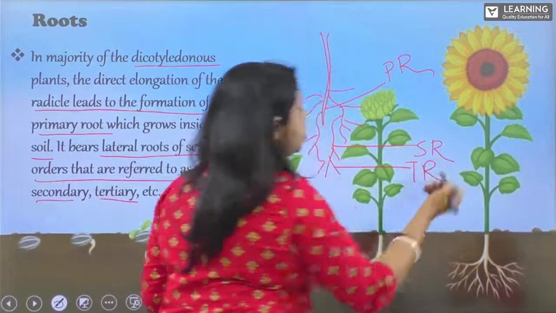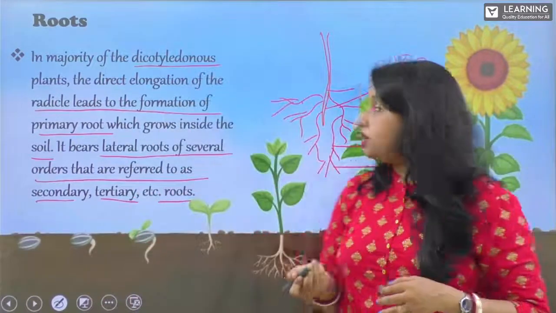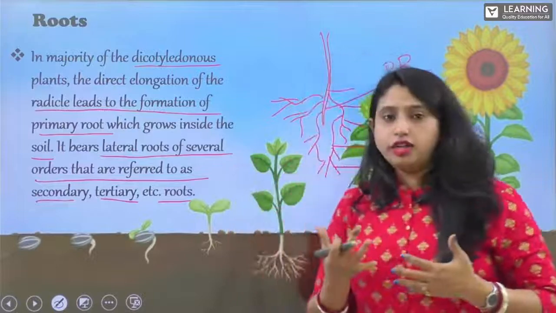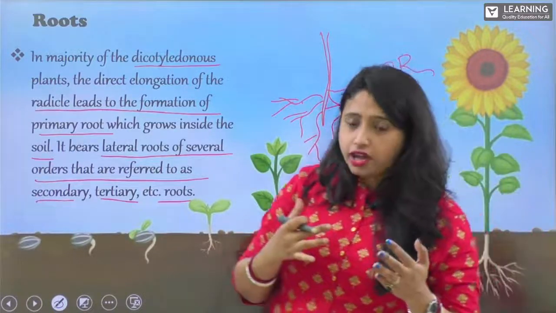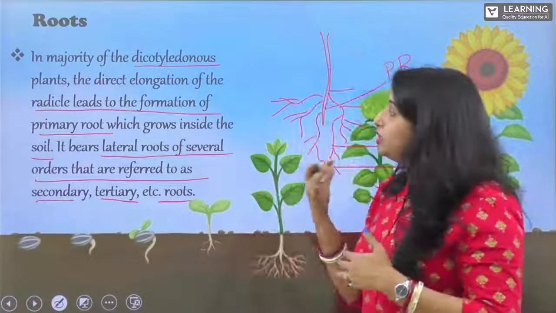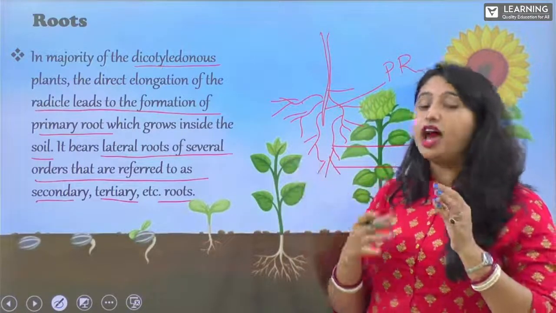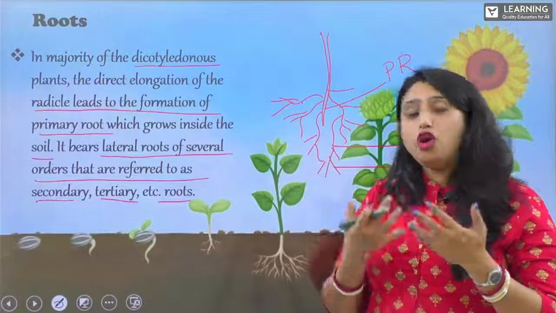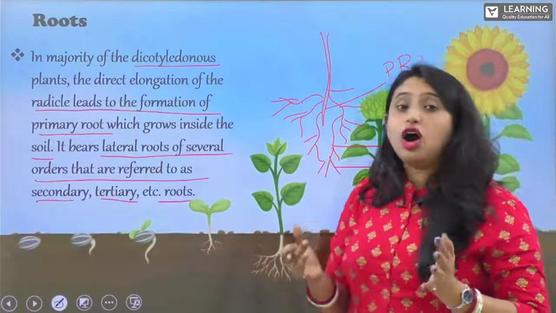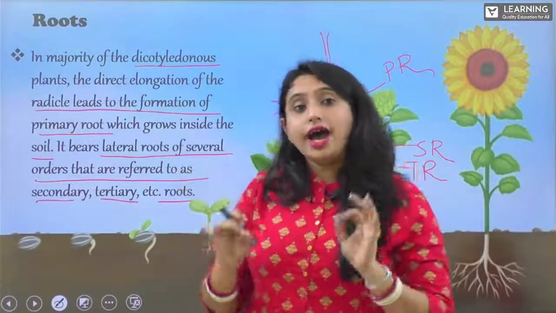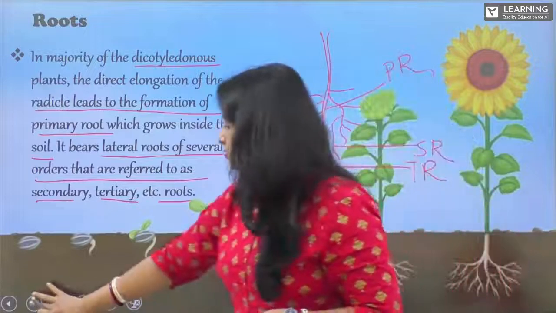These are known as your tertiary roots, okay? So in dicotyledonous plants, the radicle directly leads to the formation of the primary root, and from there some more roots come out, which we call secondary roots and tertiary roots.